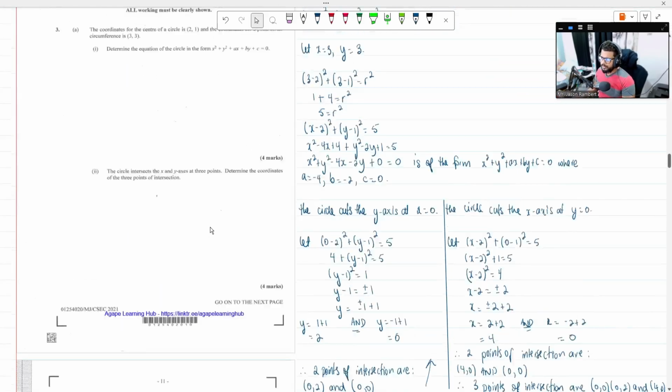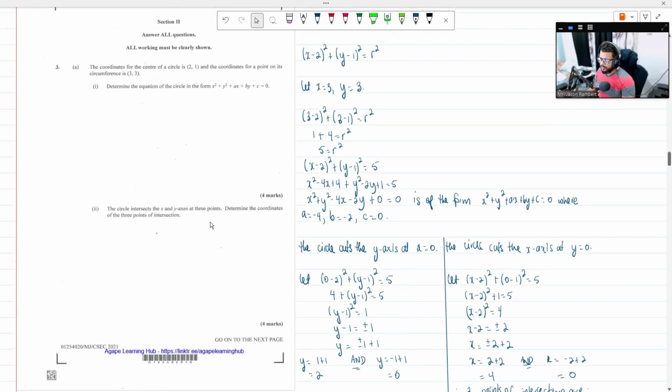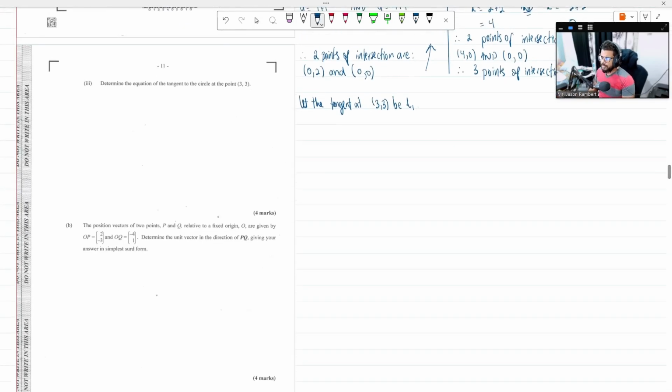So let me go through it. I'm going to let the tangent be L1, and below this, I'm going to say, let A be (3, 3).